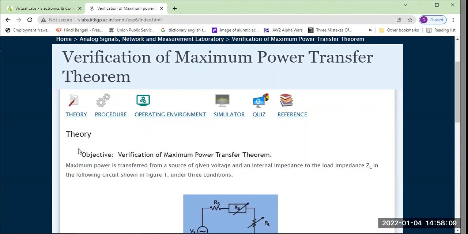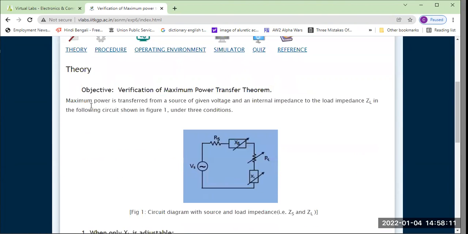Okay, you can see this is your theory portion. Objective, first your objective, verification of maximum power transfer theorem. The maximum power transfer theorem is transferred from a source of given voltage and an internal impedance to the load impedance ZL in the following circuit showing in the figure 1 under three conditions.